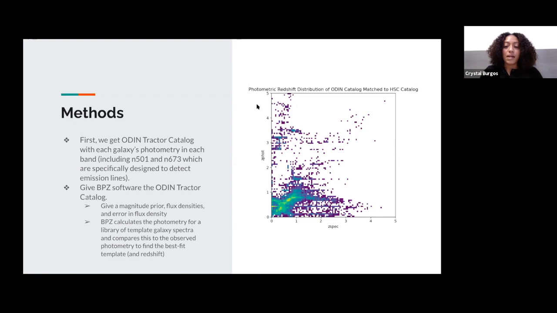On the y-axis, this is the redshift that we get out of BPZ, and we compare it to the redshift that's recorded in the HSC catalog. And what we see is that BPZ is pretty much doing what we want it to do. For the most part, in this trend here, you can tell that BPZ is mostly assigning pretty much the same redshift that is recorded in the HSC catalog. So we know for the most part, it's doing what we want it to do.